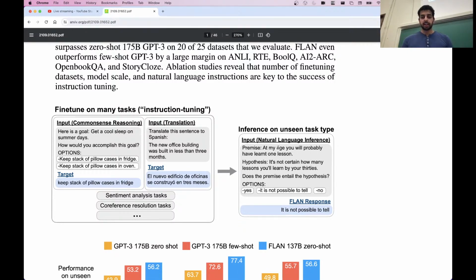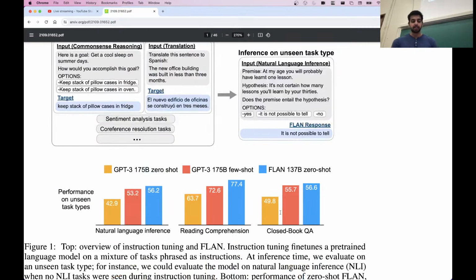And the nice thing is that if, at test time now, we give it an instruction for a completely unknown task, like this one, does this premise sentence entail this hypothesis sentence, and you give it these options, it turns out that the model is actually able to better solve this kind of task than it would be without instruction tuning. So if we look at this plot, we can see some evidence.